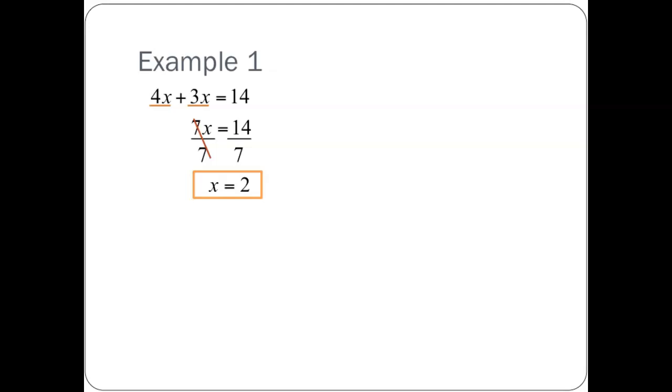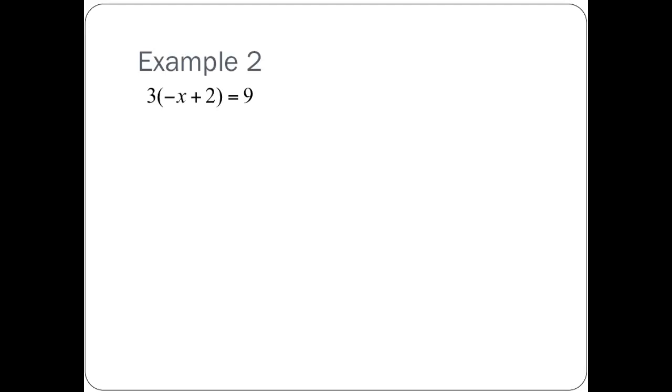All right, in our next example, we have 3 times, in parentheses, negative x plus 2, which is equal to 9. Let's start off by distributing the 3. So we have 3 times negative x and 3 times 2. So this is going to be negative 3x plus 6 equals 9. Now from here, we're going to get the x by itself.